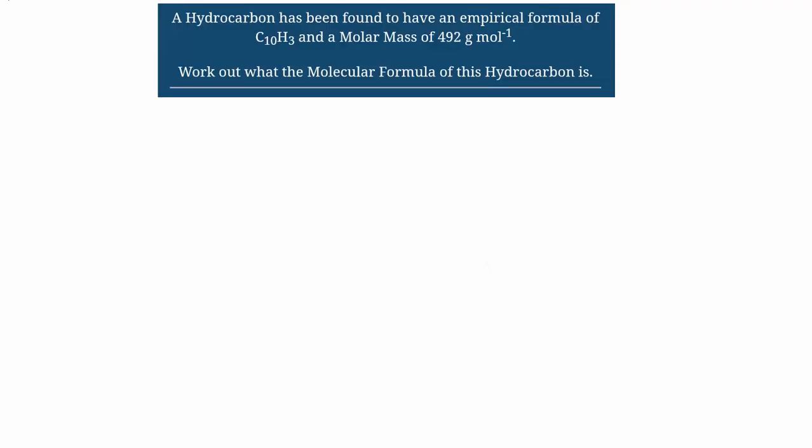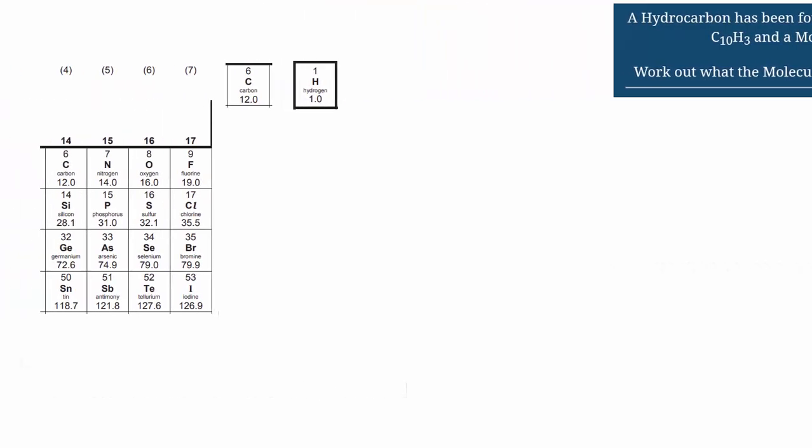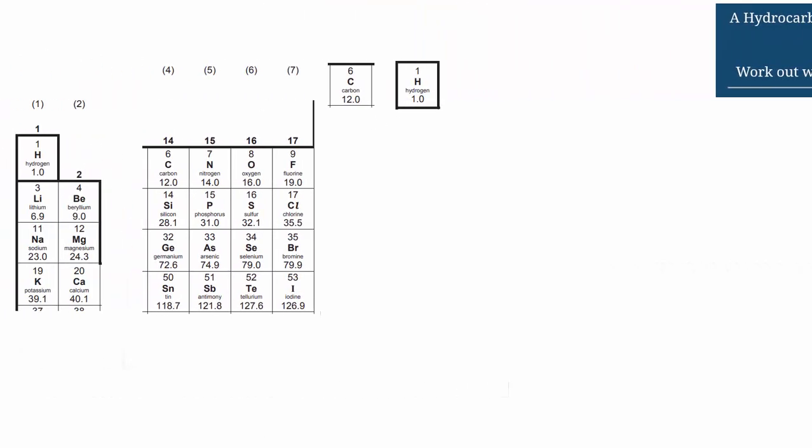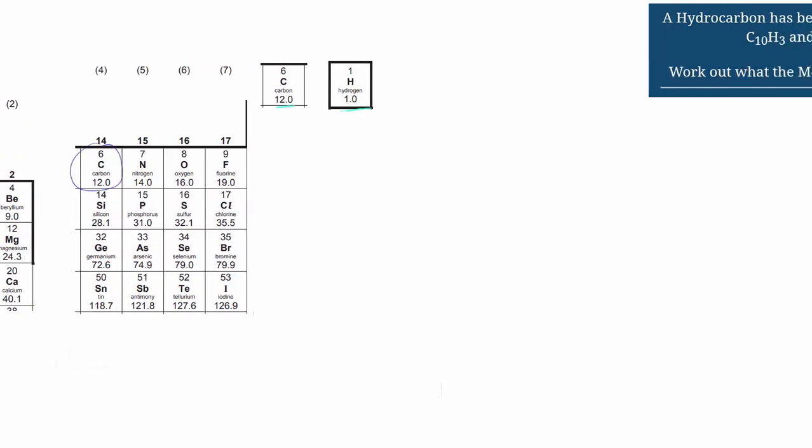Well, we've been told it's a hydrocarbon, it contains carbon, it contains hydrogen. So I'm going to use the periodic table to work out the molar masses of the constituent elements. You may already know what these are, since carbon and hydrogen are quite common, but in any case, let's go through the process. For carbon, we have a relative atomic mass of 12, and for hydrogen, a relative atomic mass of 1.